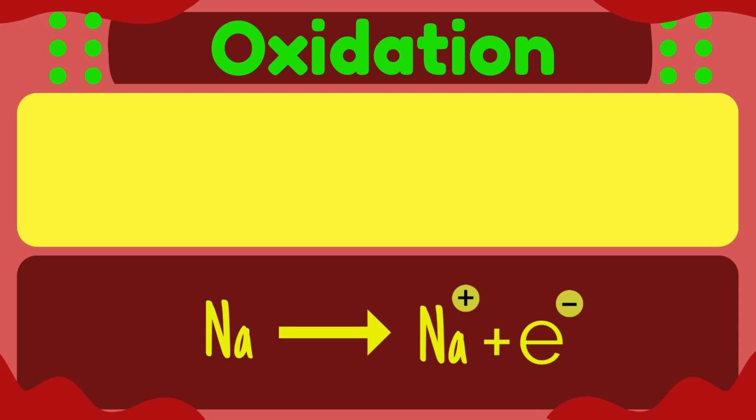So the sodium atom is oxidized and a sodium cation is formed. Here the positive charge on the sodium is increased, so the increase in positive charge is the oxidation of the element, or the removal of an electron from an atom is also the oxidation of that atom.